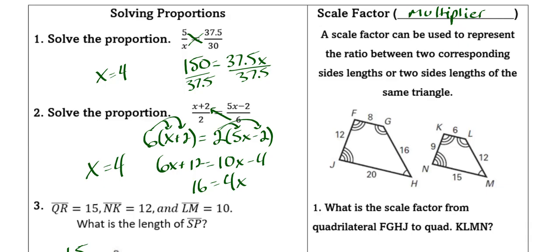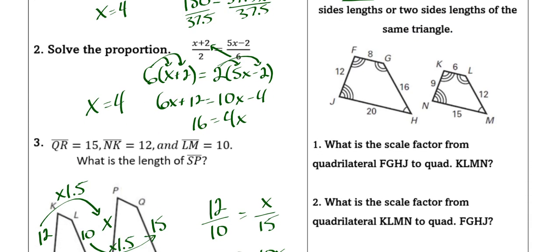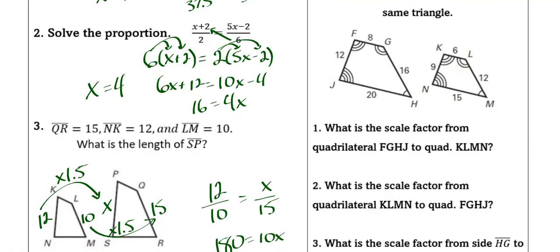of similar triangles. So scale factor can be used to represent the ratio between two corresponding side lengths and two side lengths within the same triangle. The order matters. If I say the scale factor from FGHJ to KLMN, from this one to this one, that is going to be a number that's smaller than 1, going from 8 down to 6.